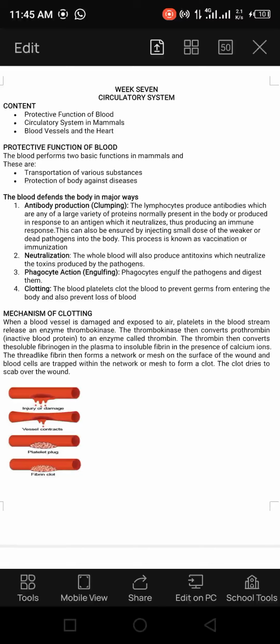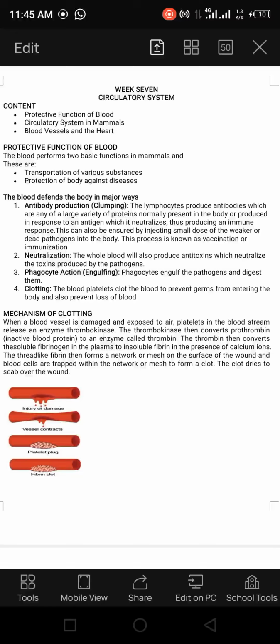Another one is through phagocyte action. Phagocytes are a type of white blood cells that use phagocytosis to engulf bacteria. They engulf bacteria, foreign particles, and also dying cells to protect the body.